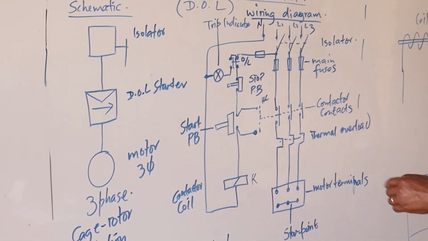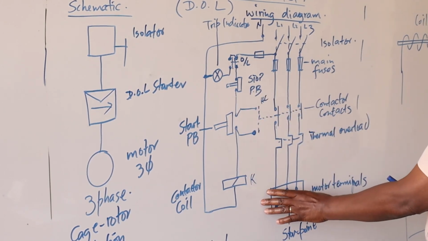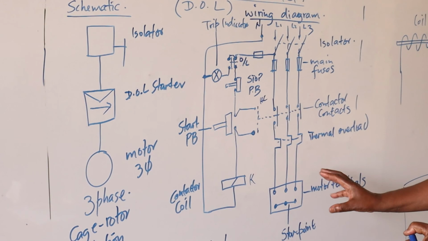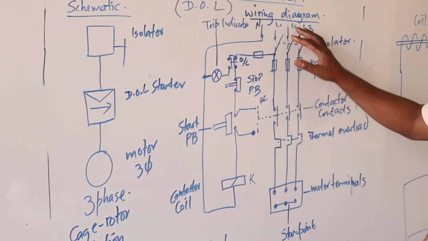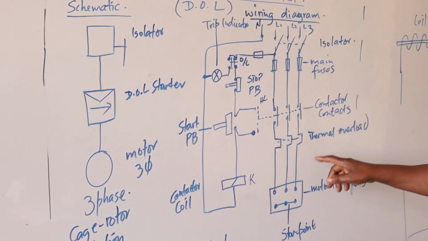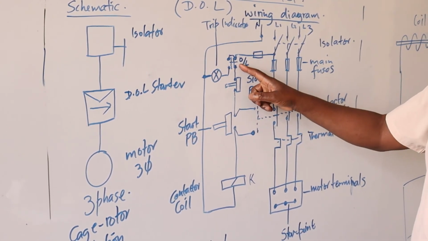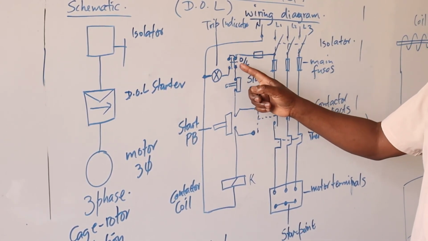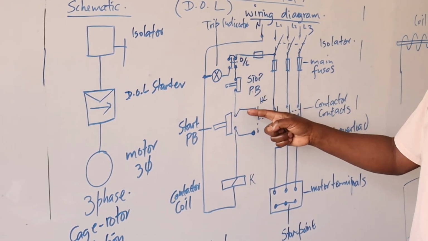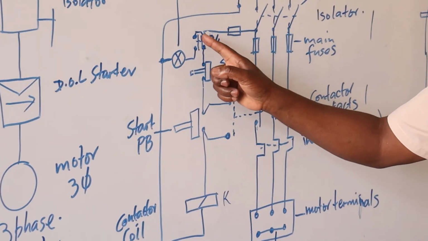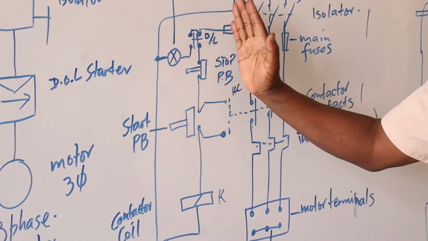Now, on the other hand, if your motor is running and then for some reason there is an overload on the motor, maybe the motor is obstructed and then more current starts flowing in, your thermal overload will trip. Once it trips, it will open this contact here. As you can see, this contact here is in the path of the holding on of a contactor coil, and then this other contact here moves on to the other side.